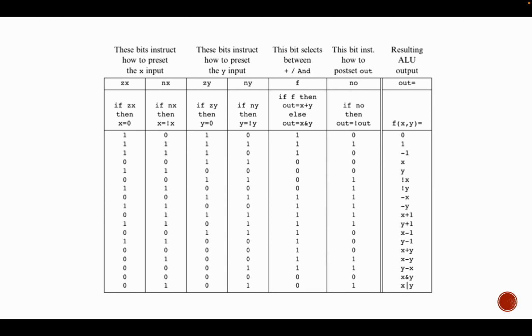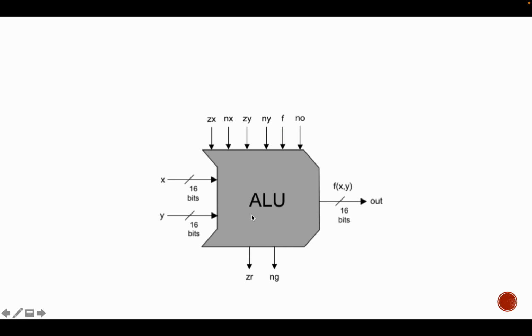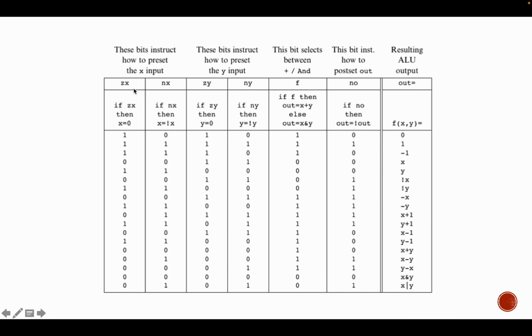You were given tasks to practice these problems by using this table. But have you ever wondered how ZX, NX, ZY, NY, F, and NO came about, and instead of looking at this extracted view of the ALU, how are things working inside the ALU? How are these bits managing the result?